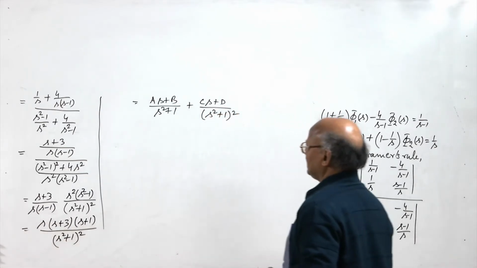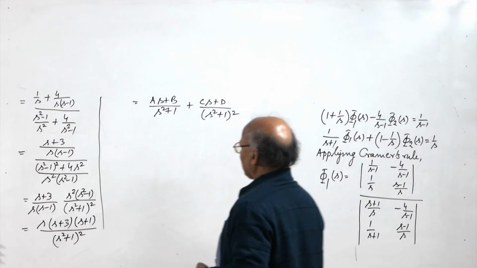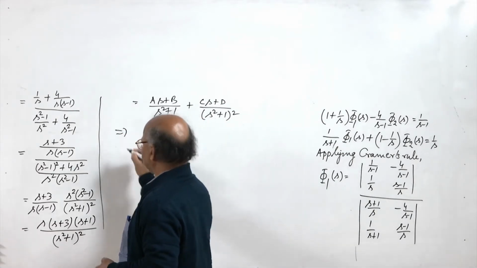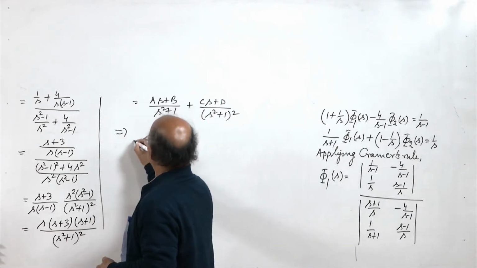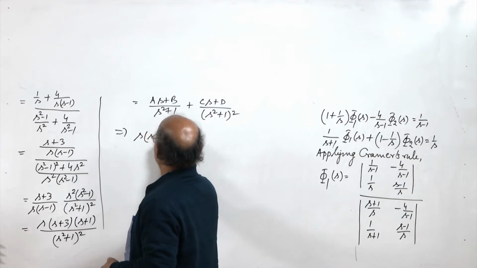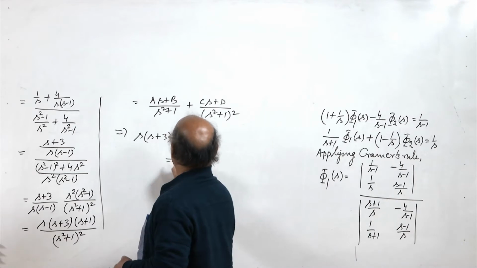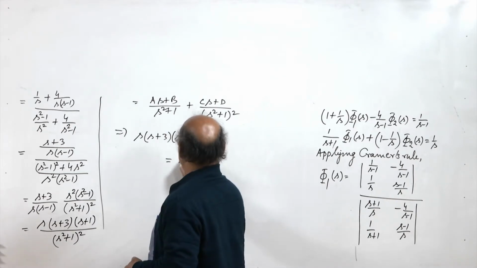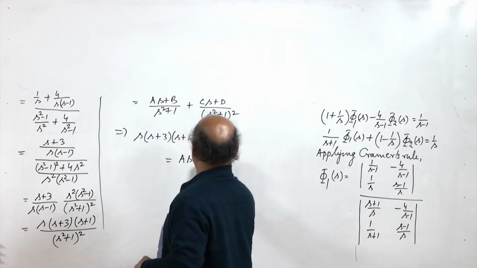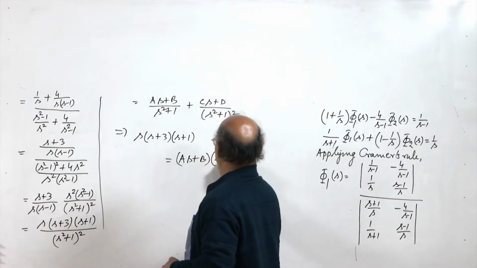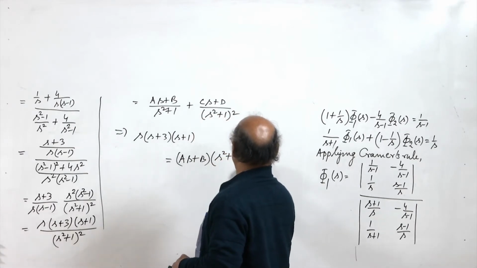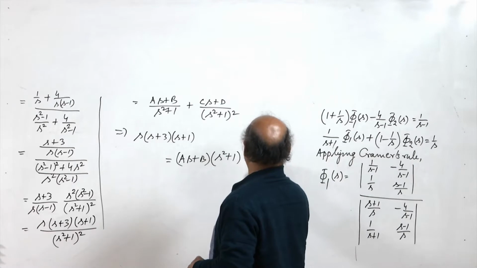Let us break this into partial fractions. So then we have the identity s into s plus 3 into s plus 1 equal to as plus b into s square plus 1 plus cs plus d.